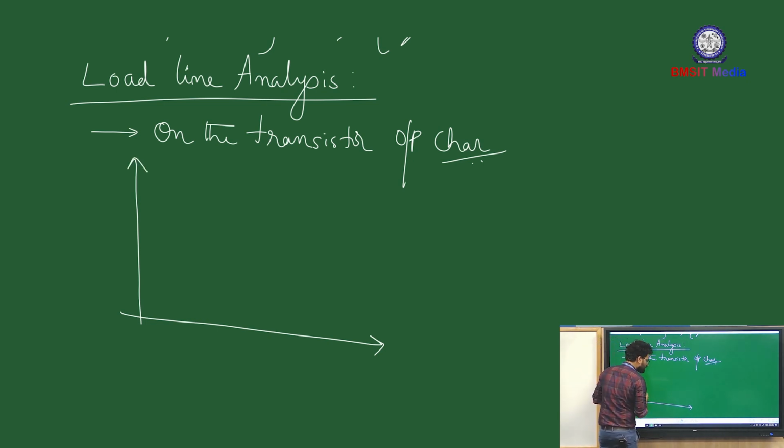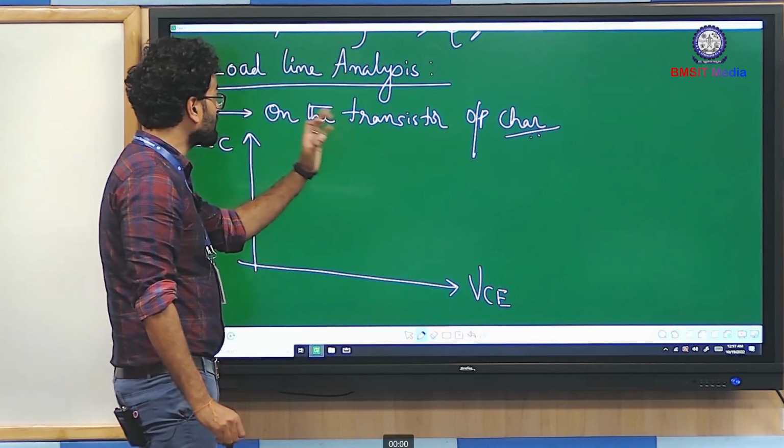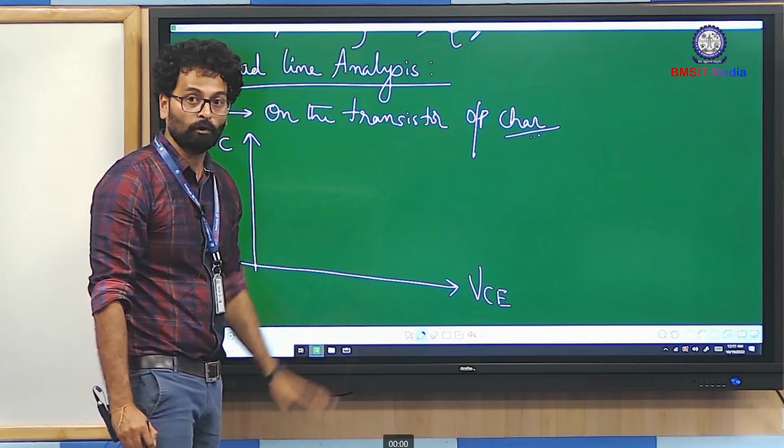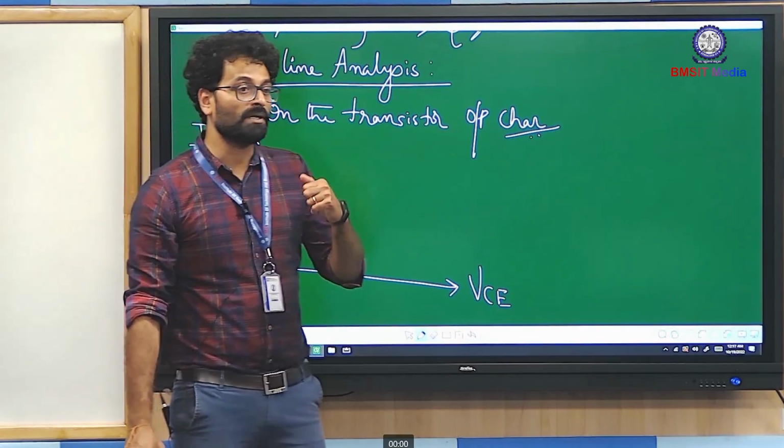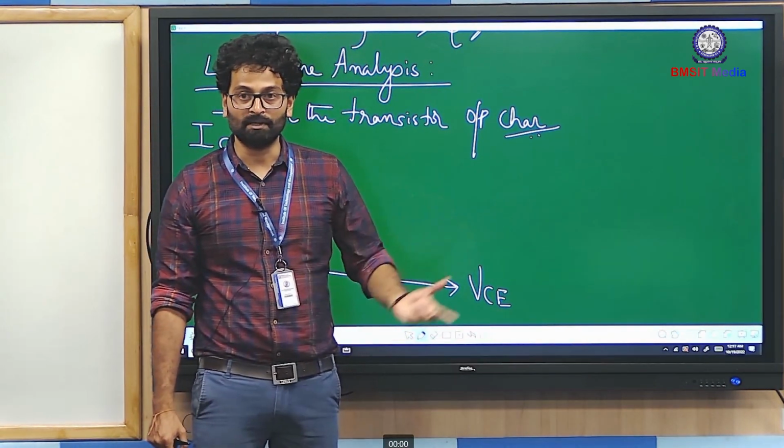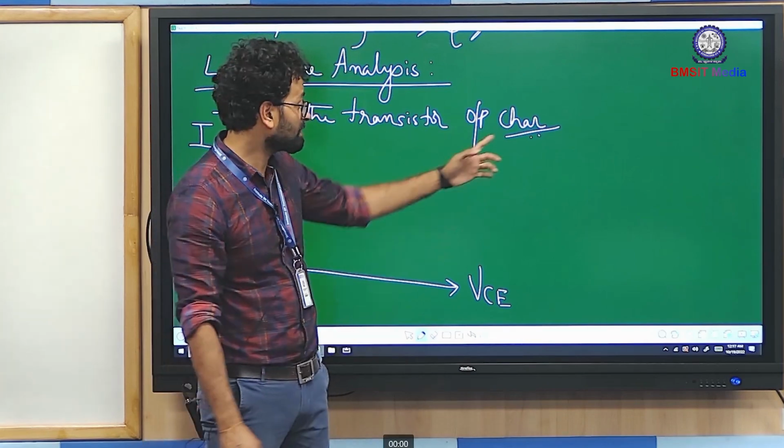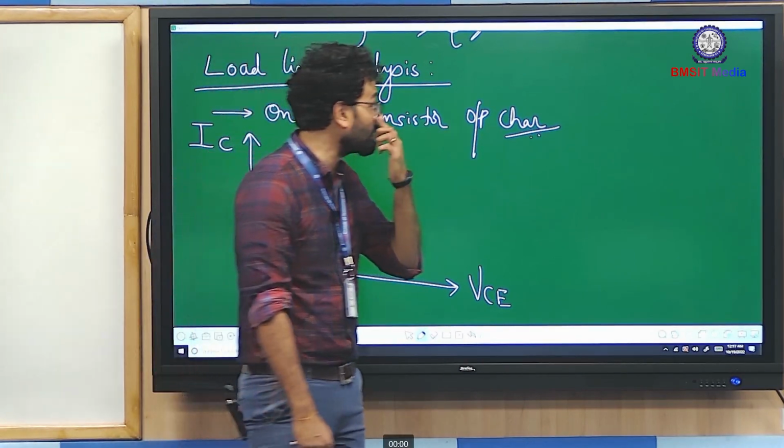And what are the parameters of the output circuit? Output current, which is IC, and output voltage, which is VC. Since we are dealing with transistor output characteristics, you need not worry about the input KVL equation. You need to just consider the output KVL equation.